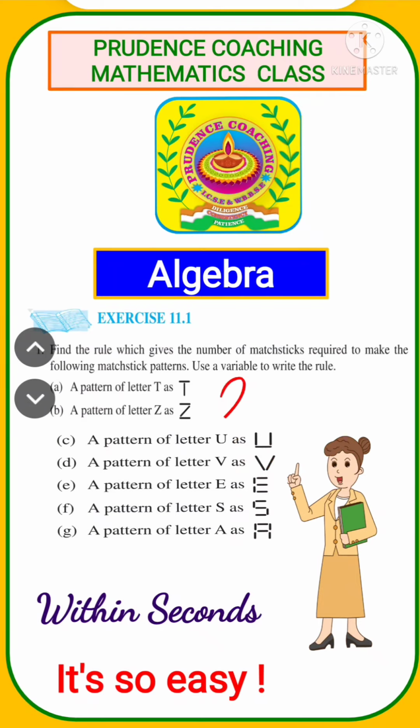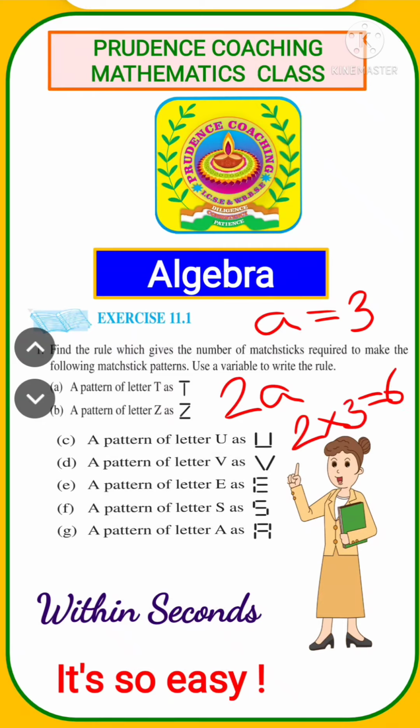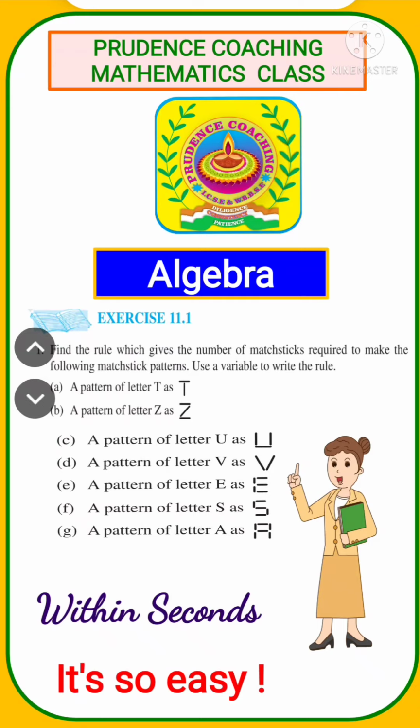If I say in this 2a, a is 3, that means this value will become 2 into 3, that is 6. So the value of a variable changes, therefore it is called a variable. On the other hand, the numerical value of a constant doesn't change, it is fixed, therefore those are called constants. And here you need to find out the pattern for the letter T first.